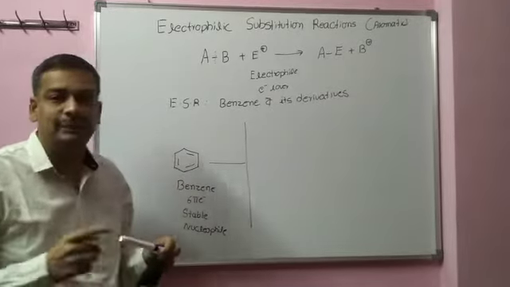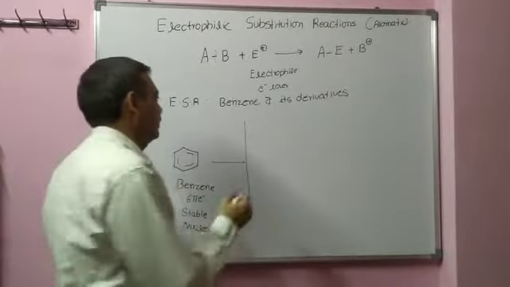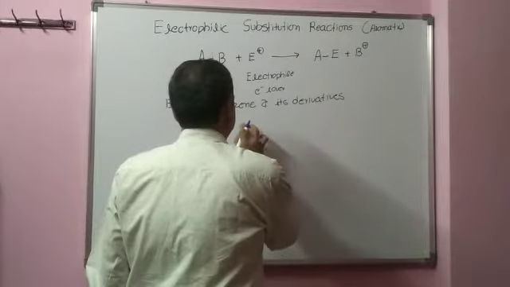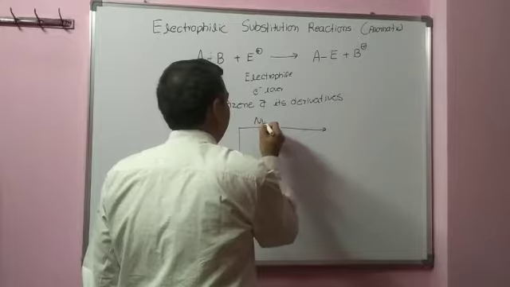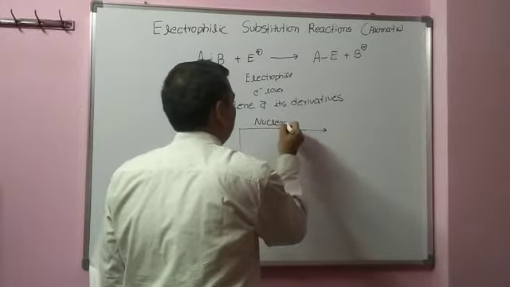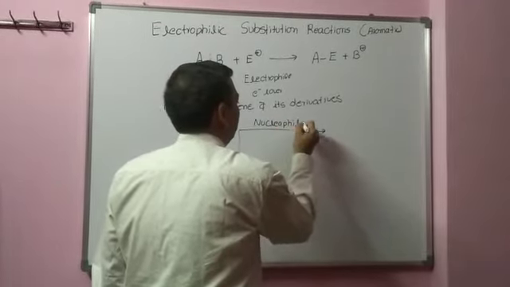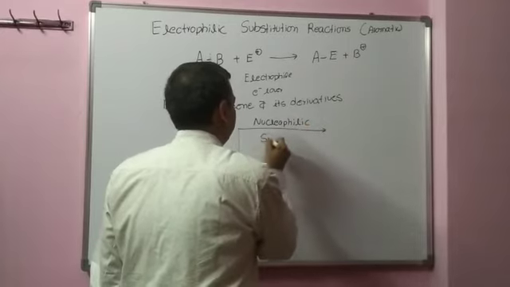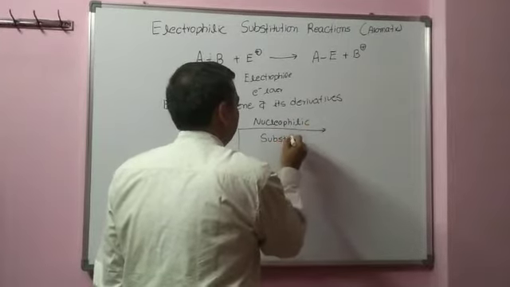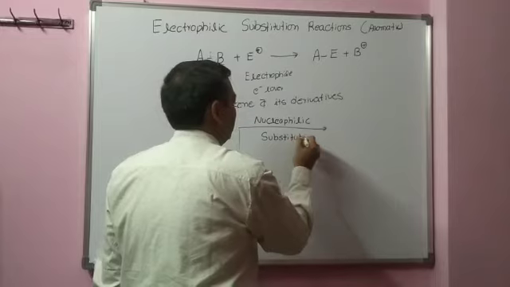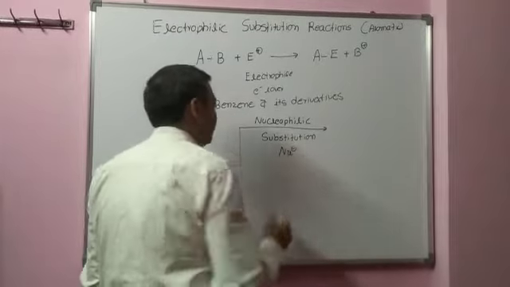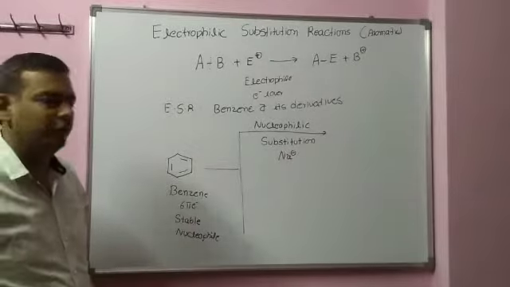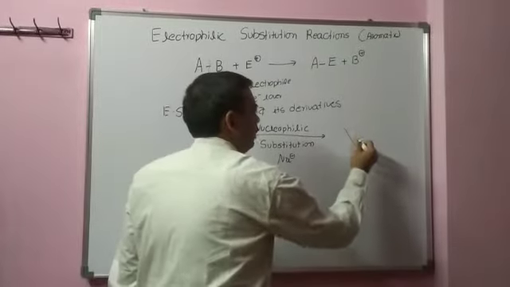So let me make this point very clear. Suppose benzene undergoes nucleophilic substitution reaction. What is a nucleophile? This is Nu. If benzene reacts with a nucleophile, we won't get any product.